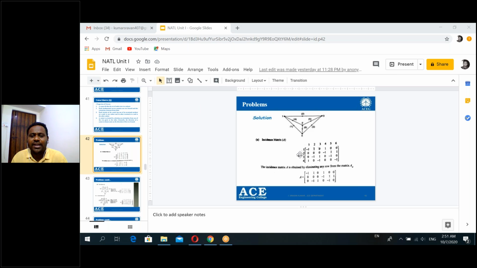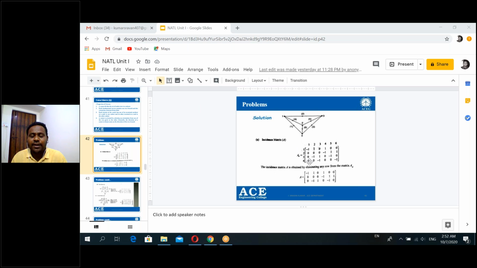Same for node 3. At node 3, branch 2 and branch 5 are entering, that's why minus. Branch 3 is leaving, that's why plus. Node 4 is done in the same way. Now, by removing the reference node 4, you will get the reduced incident matrix.